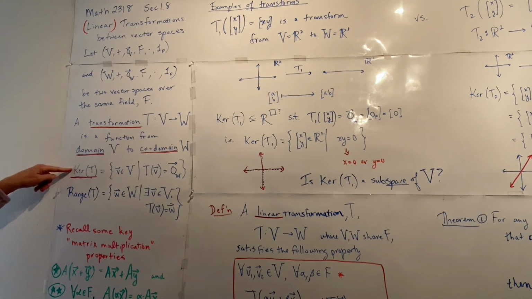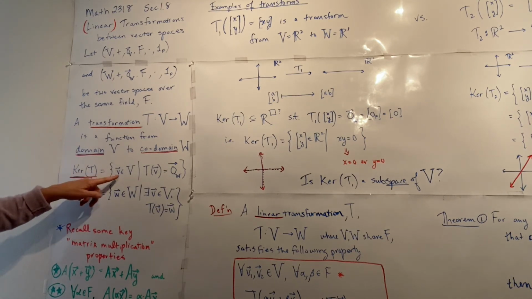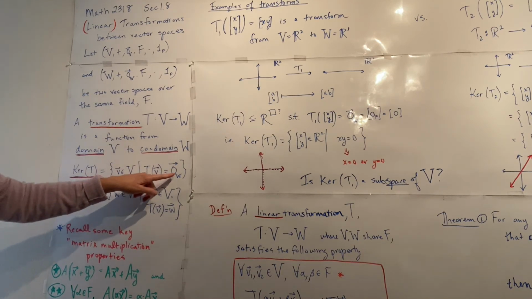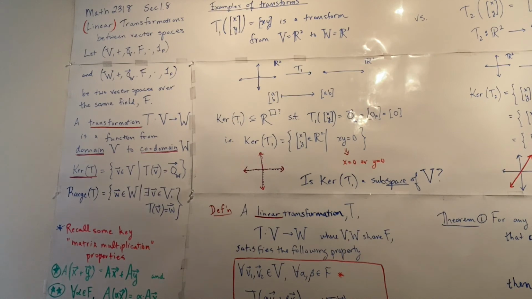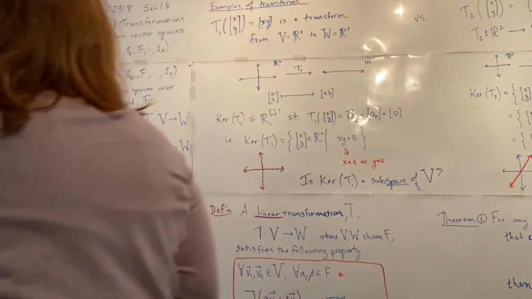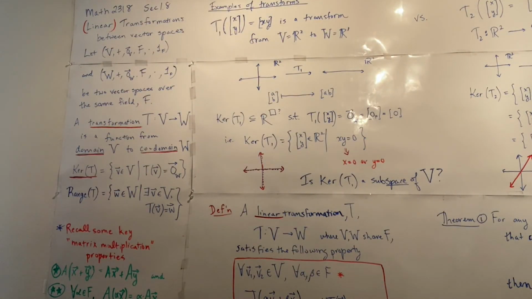Here's a new thing. It's called the kernel. The kernel of a transformation is a subset of V. It's all those vectors in V such that T of v, the transformation of v, maps to the zero vector in W. Why is it called a kernel? Well, probably because of this little graphic.